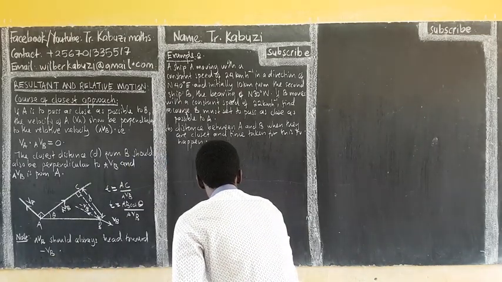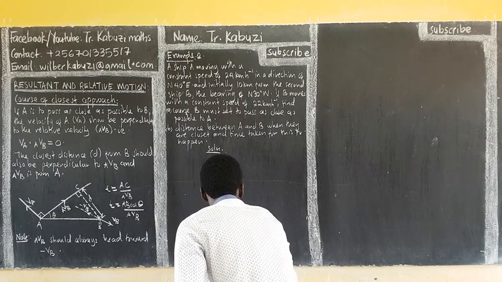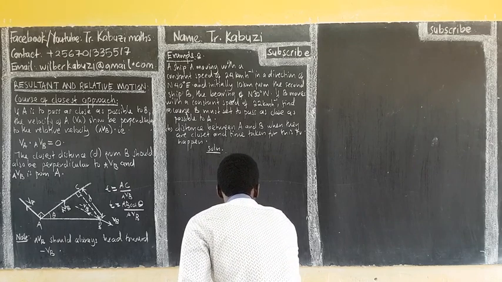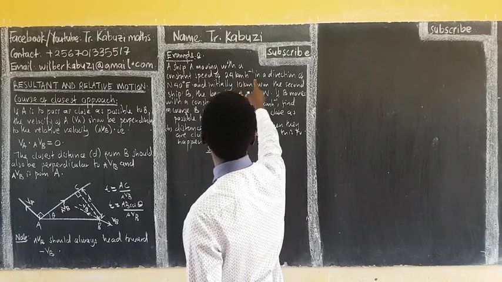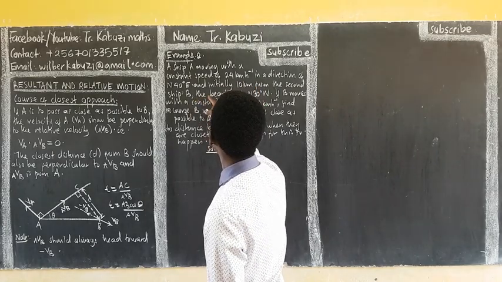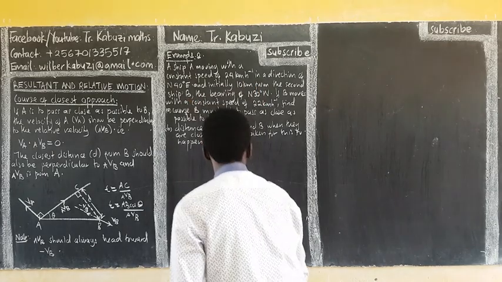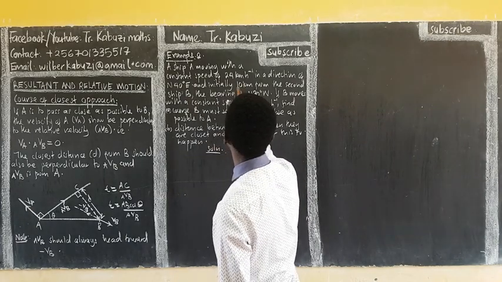So we are going to have our ship A here. Ship in the direction of north, initially from ship B. So this is our ship B. If this is our ship B, now this one is in the direction of this.